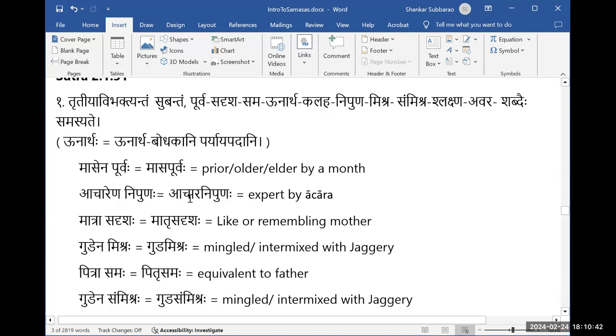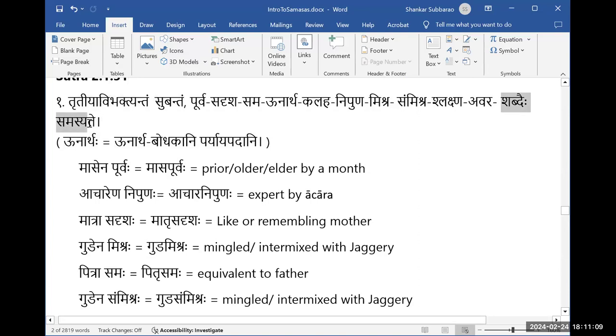Okay. Then Trtitya Tatpurusa. So what is Trtitya Tatpurusha going to be? It has to be a compound where the Uttara Pada is Pradhana and the relationship between the first and second word will be in Tritiya Vibhakti. See an example. Now, see this. This is the sutra equivalent, okay? Tritiya Vibhaktiyantam Subantam. A Subanta, a noun, which is ending in third case. What will it do? It combines with a few words.